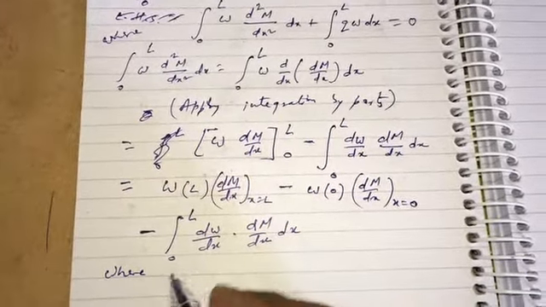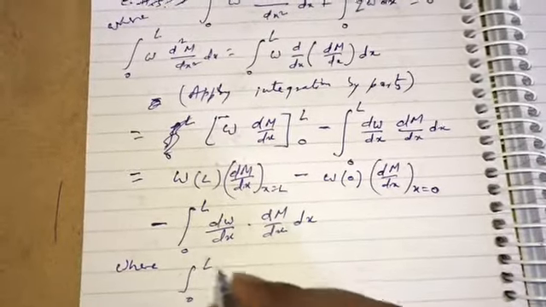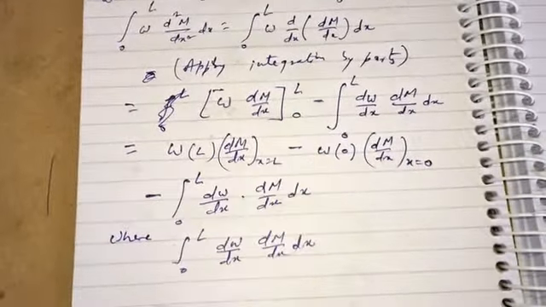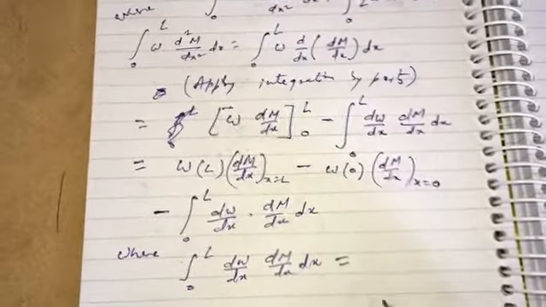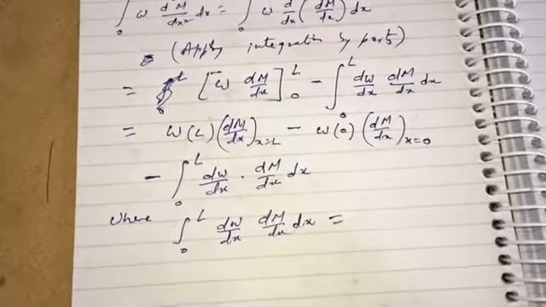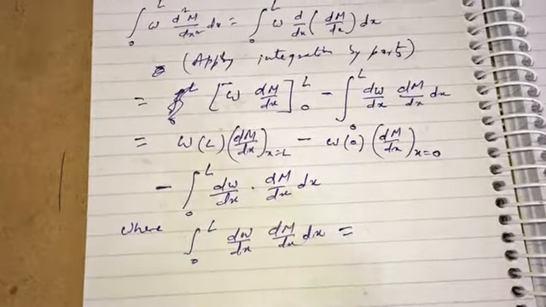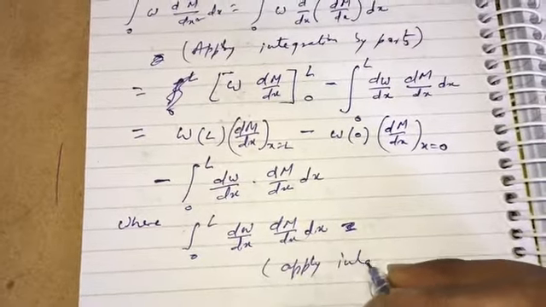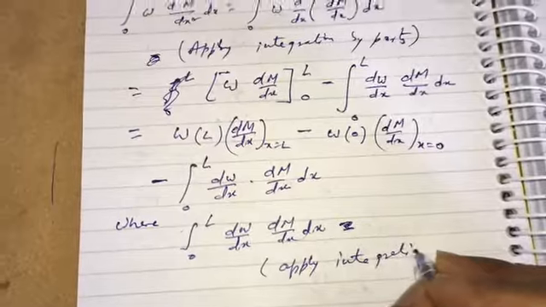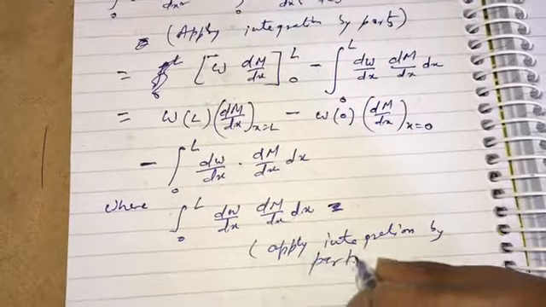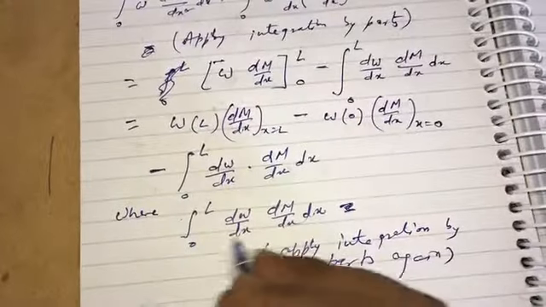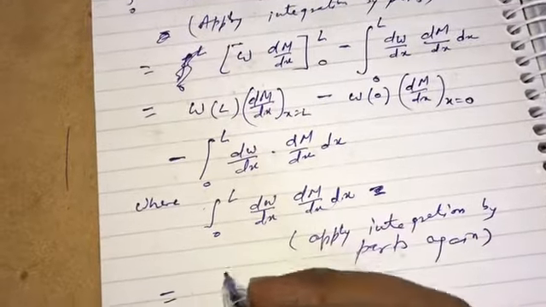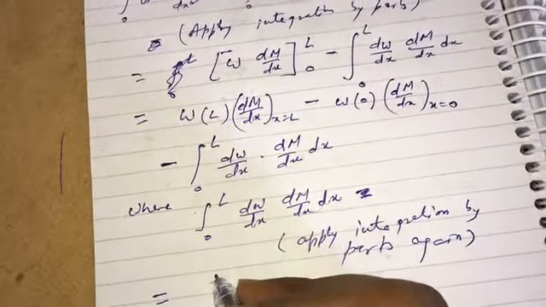Let's take this term now and expand it: the integral from 0 to L of dw/dx dM/dx equals, now we will apply integration by parts again. So again we can write in that form.